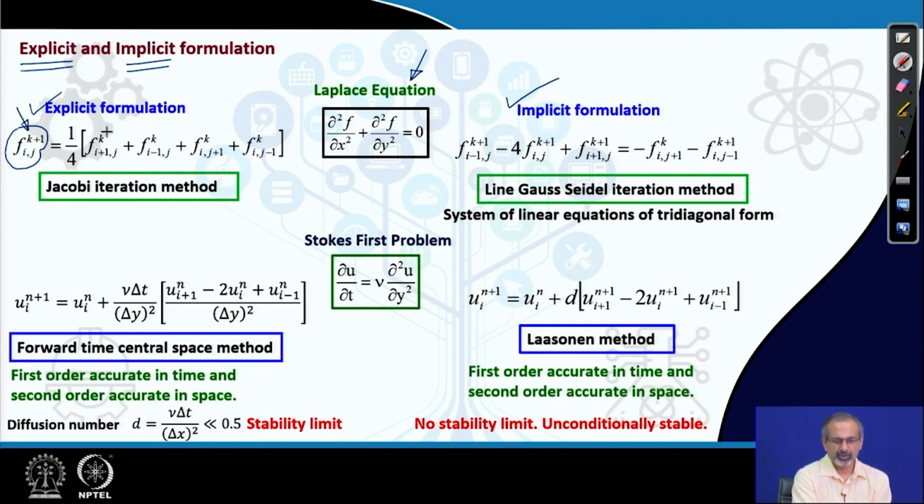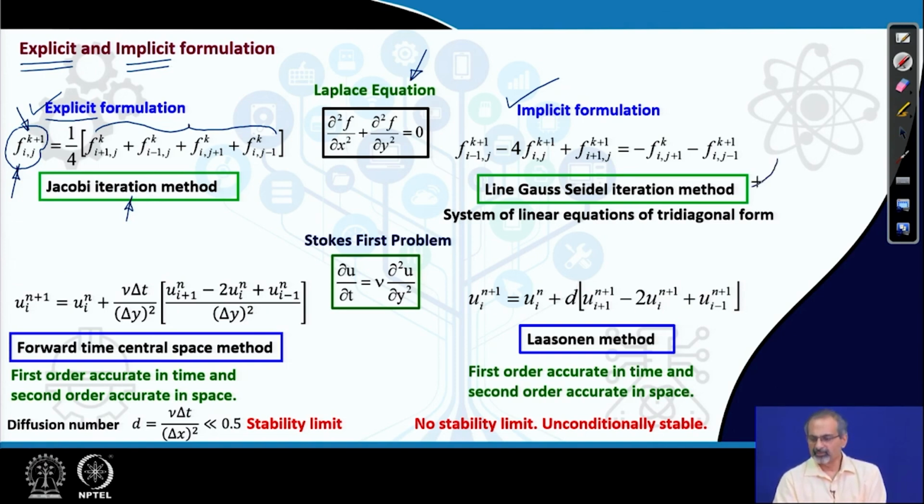As you can see, all the neighboring values which are used in elliptic equation solution are coming from the previous iteration level, and they are already known to you. That helps you to work out that single unknown at the grid point i j. So, this is what is called explicit formulation, where only one unknown has to be solved from that equation. The name of this iteration scheme that we have shown over here is called the Jacobi iteration method.